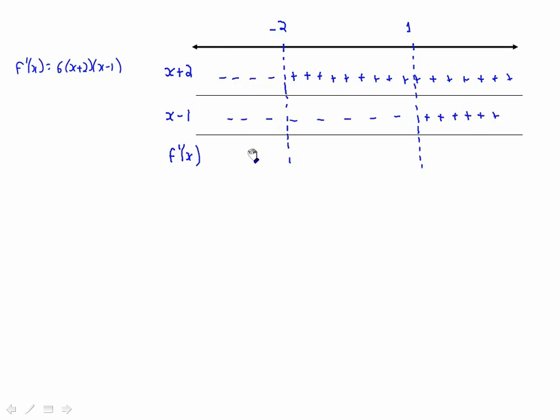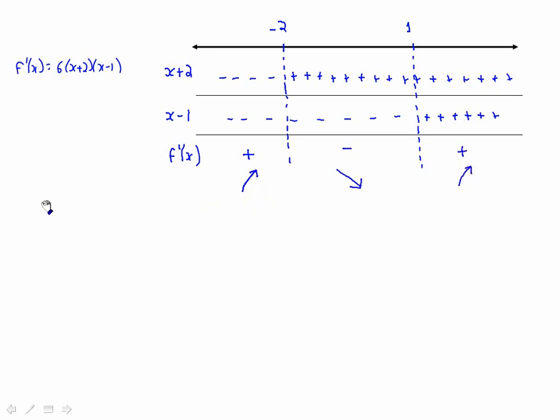So f prime at x, the derivative, is positive to the left of negative 2. It's negative between negative 2 and 1, and then it's positive when you're to the right of 1. So what I usually do to indicate the actual nature, increasing or decreasing, is I put an arrow upwards in the positive, arrow downwards in the negative, arrow upwards in the positive.